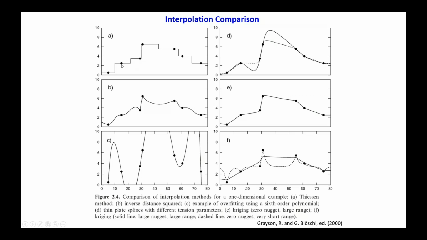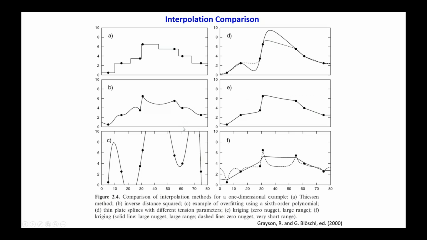And the top left is the Thiessen method, or what's effectively nearest neighbor, where you go to any point, you pick the nearest observation, and you assume there's that value, and you get the sort of stair-step approach. As you transition from being nearest to this point to nearest to that point, it goes down.